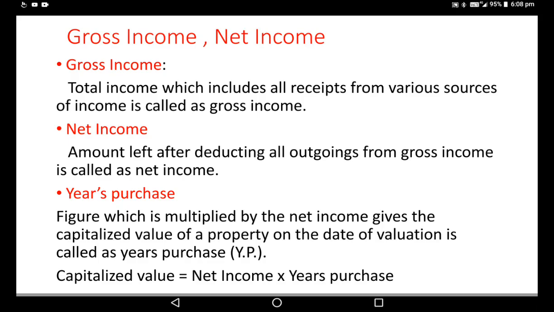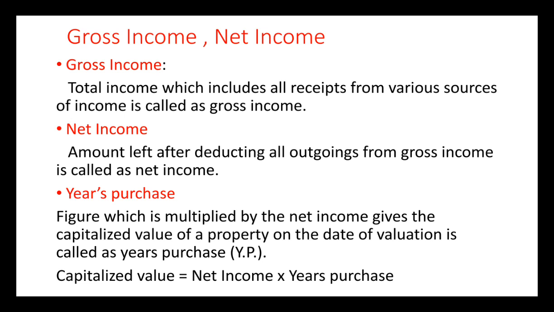Or year's purchase may be defined as the capitalized value required to be paid once for all in order to receive a net annual income of rupees 1 for an indefinite period, or for a fixed number of years at a certain rate of interest.